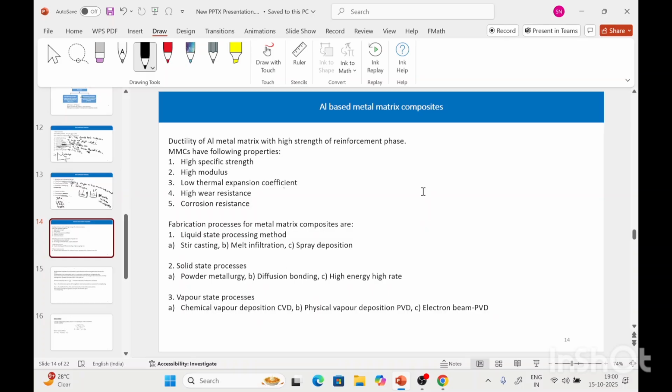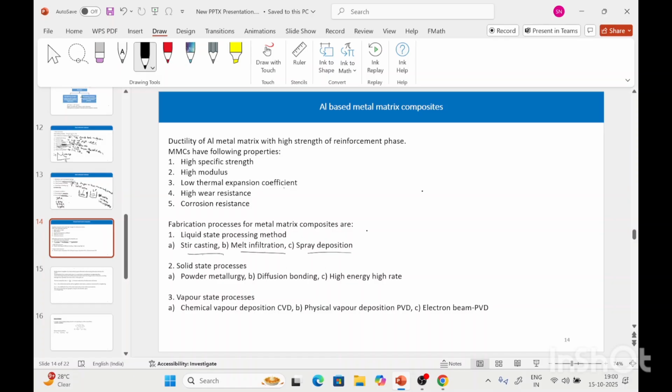The first is the liquid state processing method, in which first comes stir casting, second is melt infiltration, and third is spray deposition. In stir casting, the reinforcement phase is fed into the liquid aluminum, and by mixing and solidification the metal matrix composite is achieved.